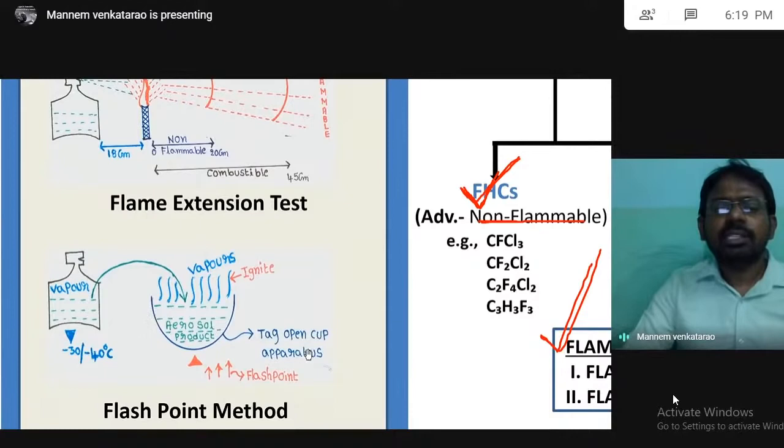The open cup container. That's what is called a tag. Tagging means placing. Place the liquid in the open cup. That's what is called the tag open cup apparatus. Next, it is in a liquid state. Now I am increasing the temperature slowly. If we slightly increase the temperature, what happens? Some amount of the liquid aerosol product will be converted to vapor.